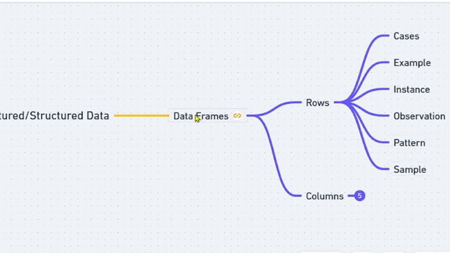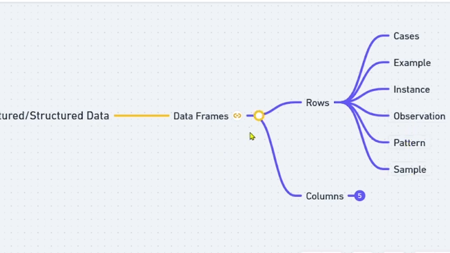So in a data frame, the rows hold cases, which can also be called examples, instances, observations, patterns, or samples.